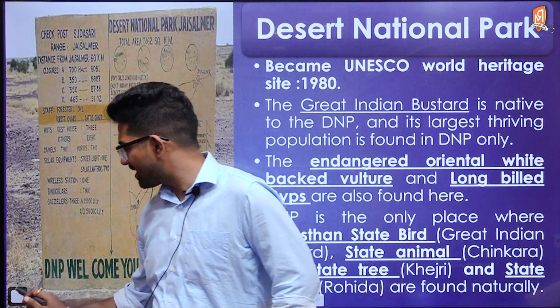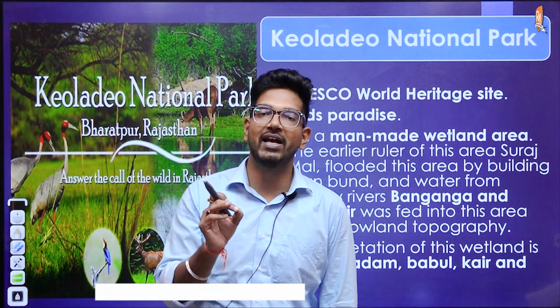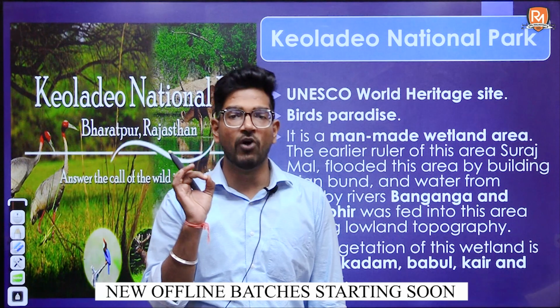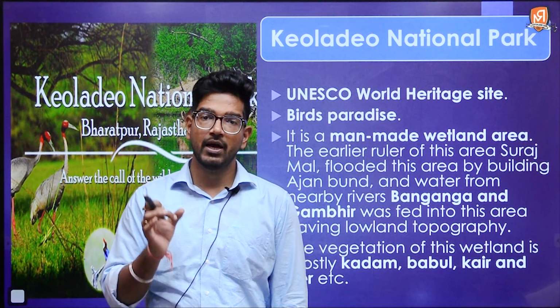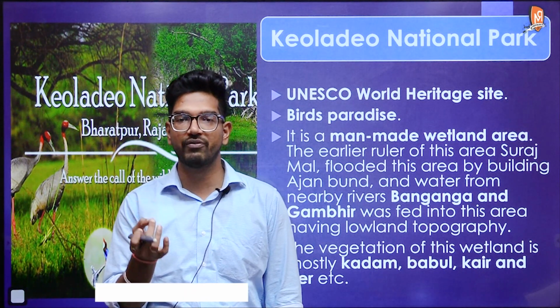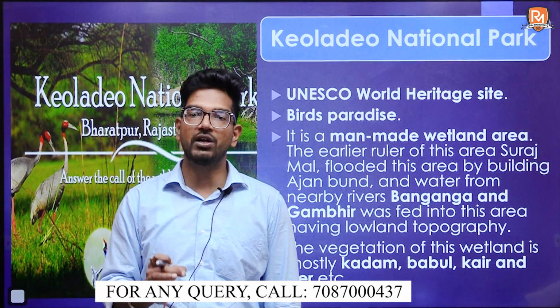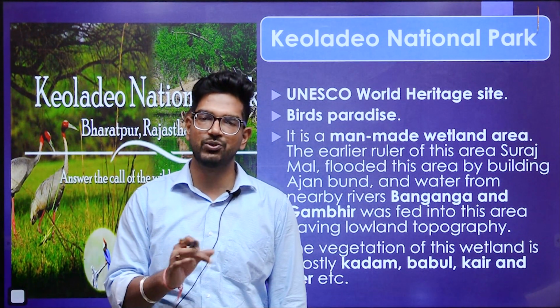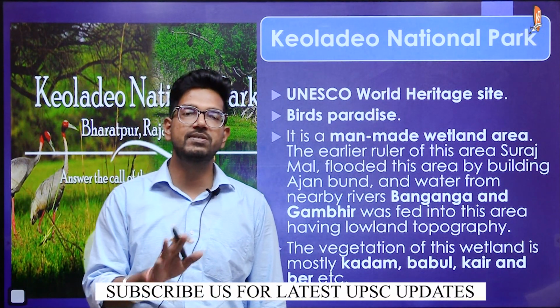Let's talk about the second national park, that is Keoladeo National Park. It is also a World Heritage Site and it is a bird paradise. It is very important to know that it is drained by two rivers, the Banganga and the Gambhir River. The vegetation is dry deciduous, with kadam, babul, khair, and ber found in this area.